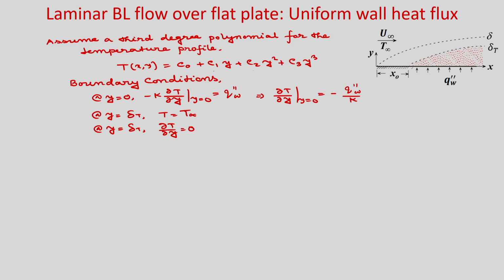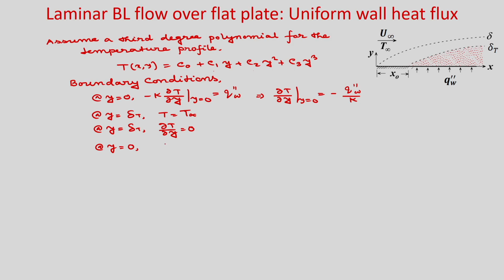Another boundary condition we will derive from the energy equation by satisfying it at the wall. So, at y equal to 0 you can write del 2 T by del y square equal to 0. You remember in the last class we had u del T by del x plus v del T by del y equal to alpha del 2 T by del y square.